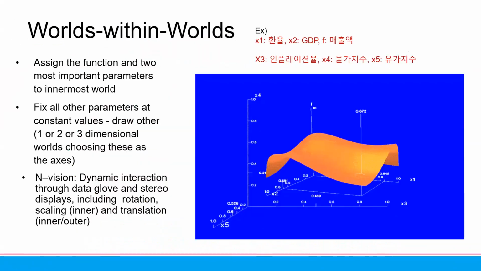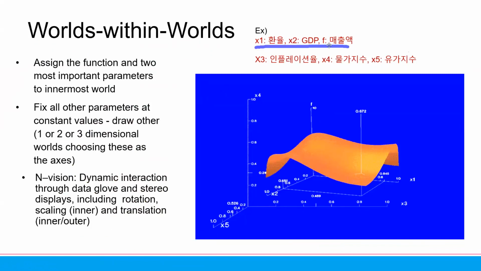Worlds within worlds. This is another way to express the attributes. Let's say this one, yeah, I use the Korean exchange rate, the currency, and then X2 is GDP.